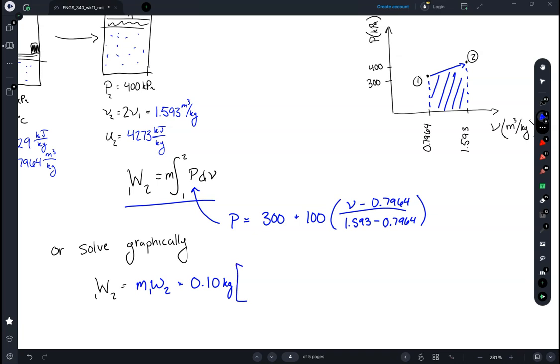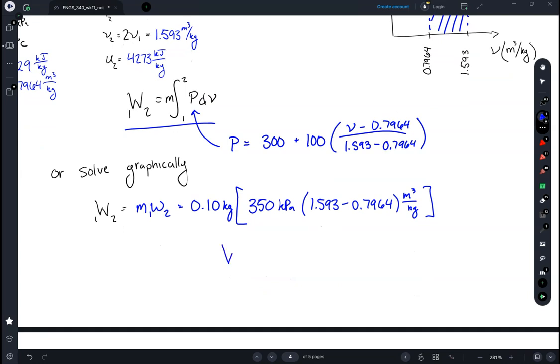So that's going to be the midpoint here, 350 kPa, that's that center point right there, times the width, the change in volume. So the width of that shape is 1.593 minus 0.7964 meters cubed per kilogram.